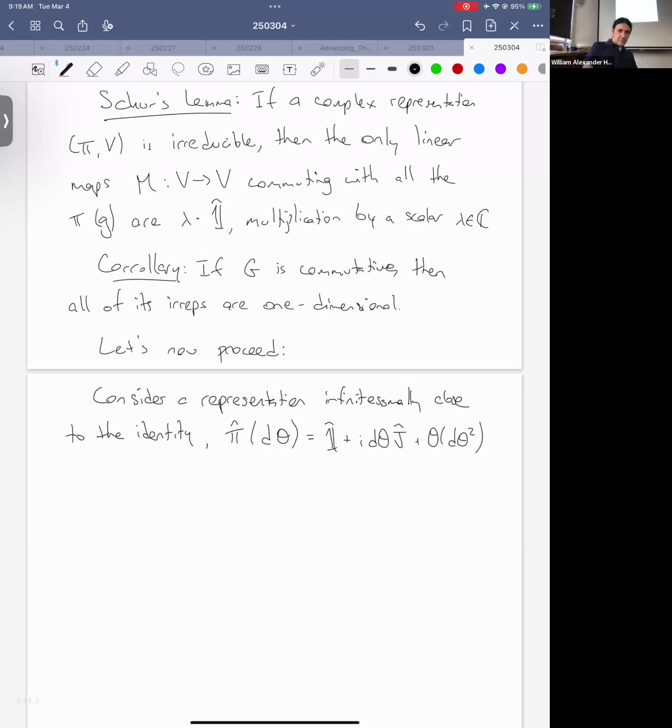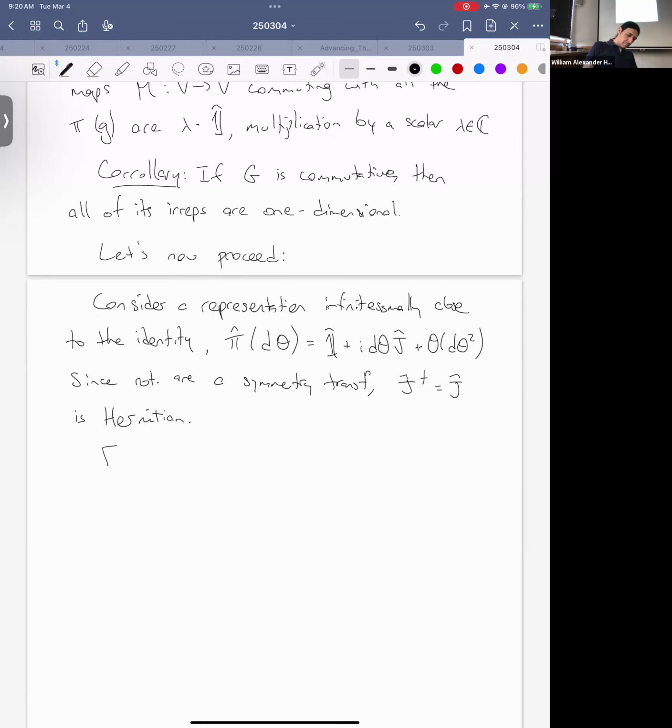Okay. Since rotations are a symmetry transformation, we know that this operator J is Hermitian. Further, we have the group multiplication rule.